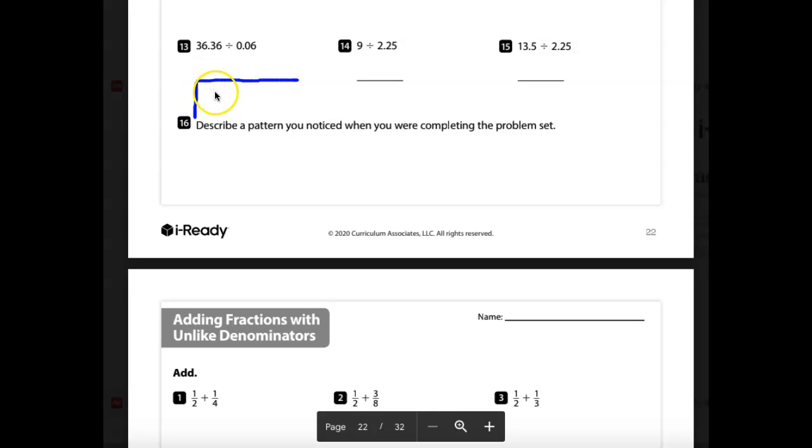So we have 36.36 divided by 0.06. All right, so why don't you give this a try? I'll give you a couple minutes and then I will go over it with you.